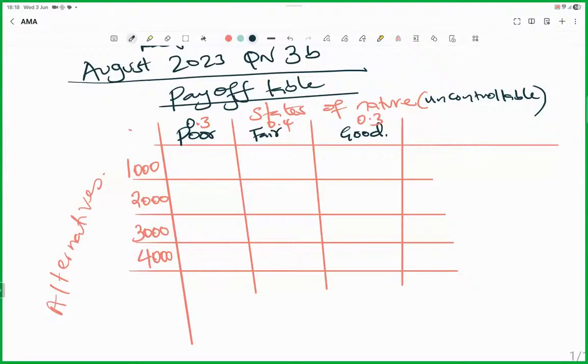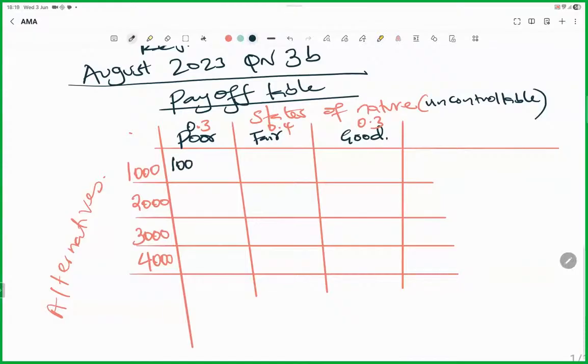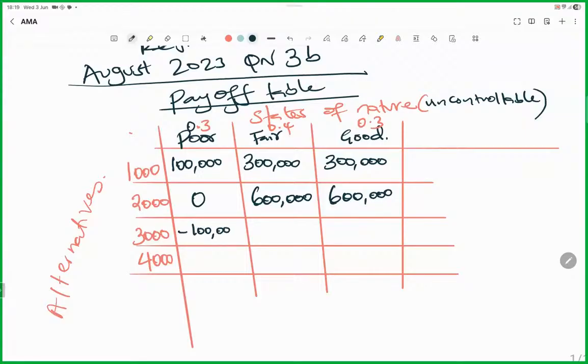So here I can see 100,000, then 300,000, then 300,000 again, then 600,000, 600,000, a loss of 100,000, 700,000.